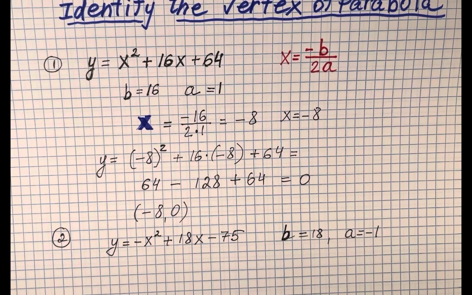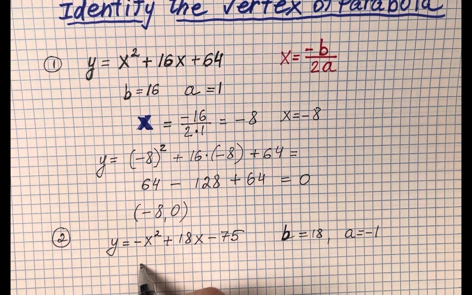Here's another example. We're going to identify the vertex of the given parabola. Again, we notice that coefficient b equals 18 and coefficient a equals negative 1.